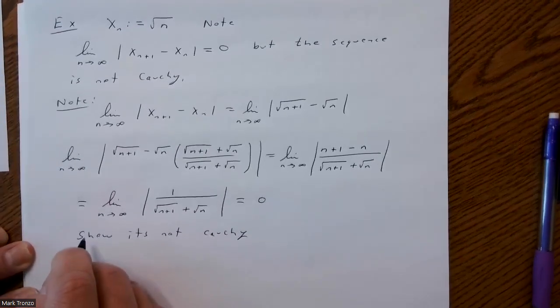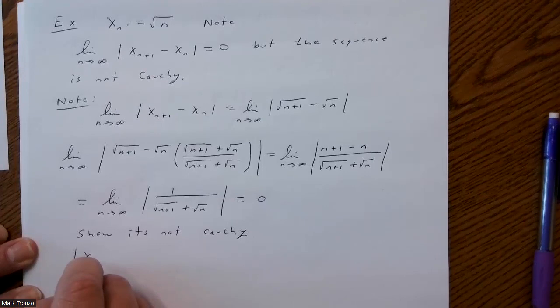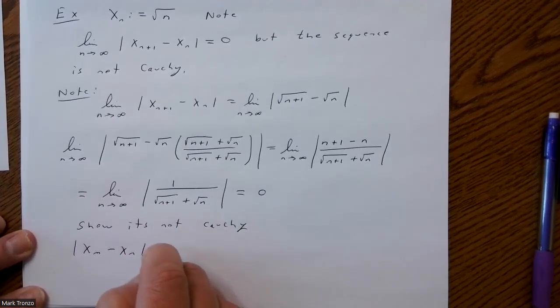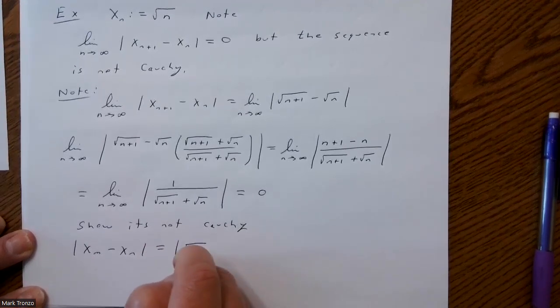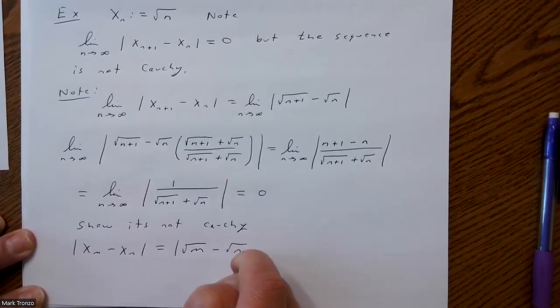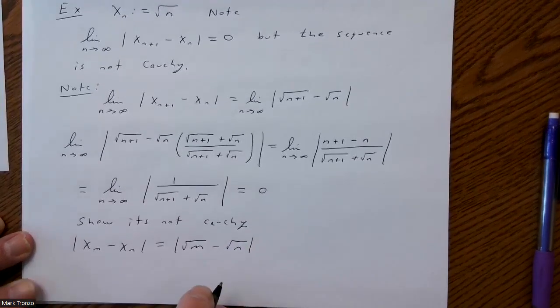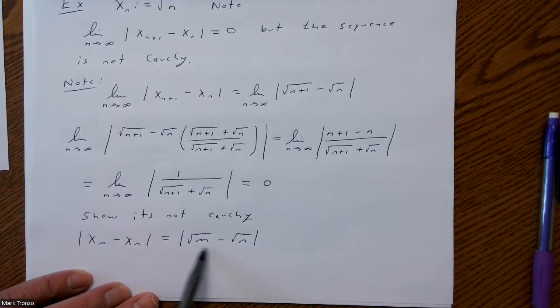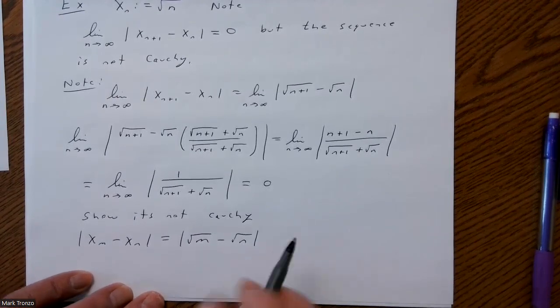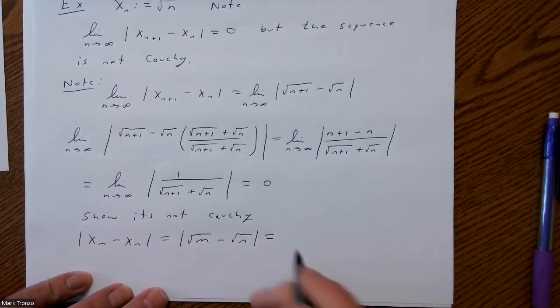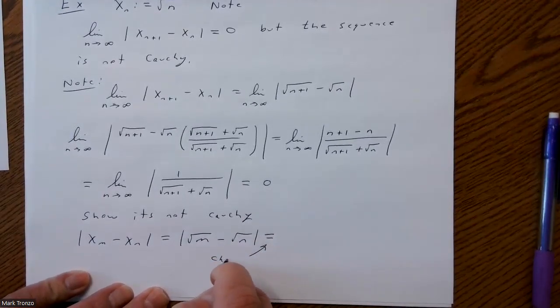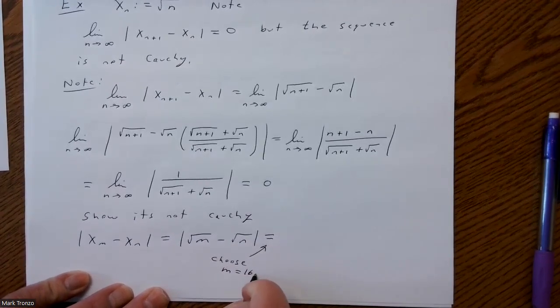And let me do it real quickly. So x_m minus x_n is going to be the square root of m minus the square root of n. Remember, the idea is you can choose any two values beyond any number that are far apart. So let's say that m is 16n.